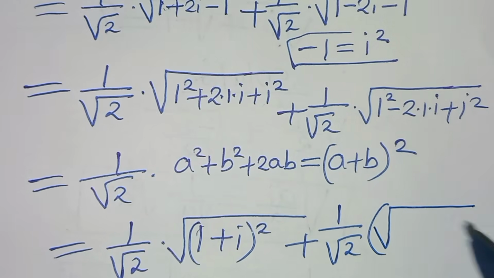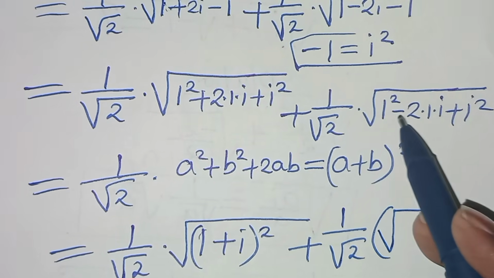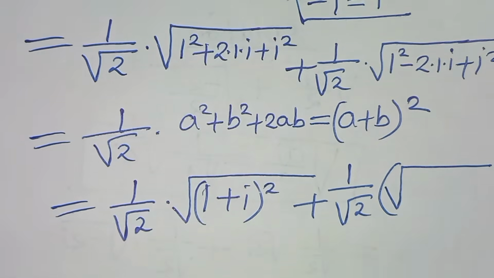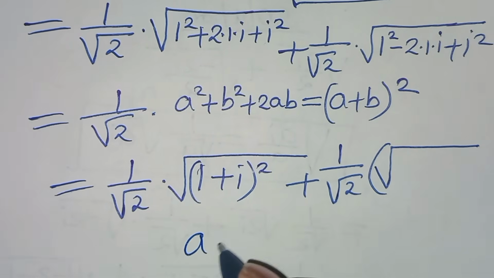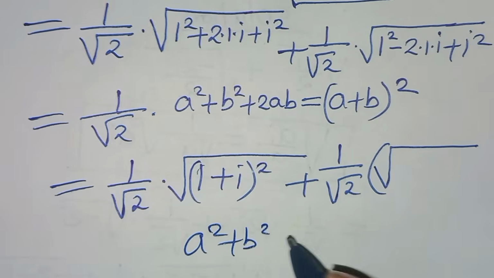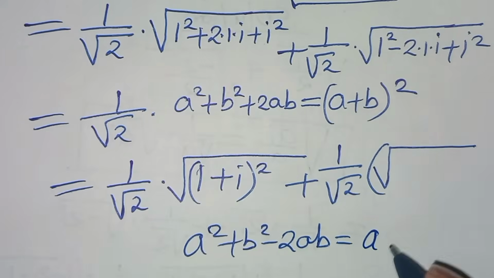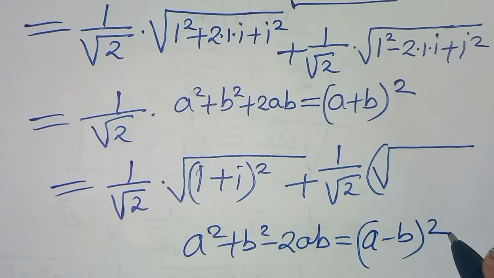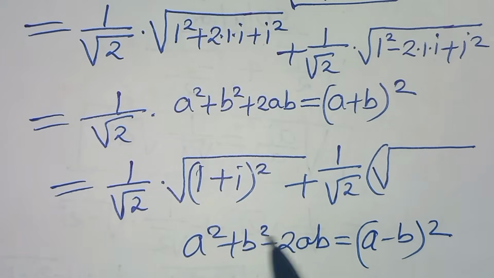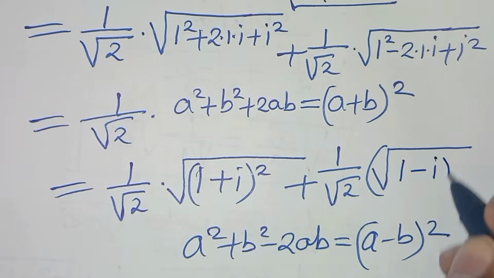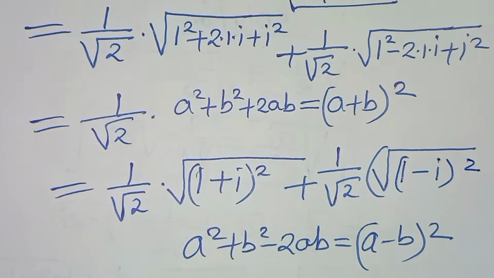the square root of, now this is the same thing as 1 squared minus 2 times 1 times i plus i squared. This is actually in the form of a squared plus b squared minus 2ab, which can be expressed as a minus b squared. So applying this algebraic identity, here we will have 1 minus i squared.